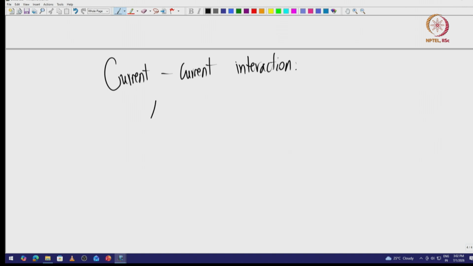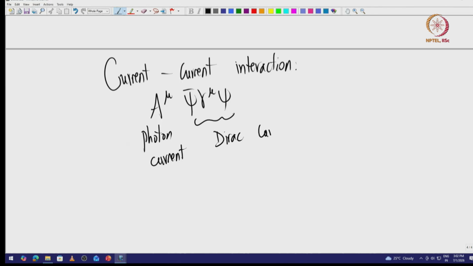So, this will be A mu, the photon field, interacting with the Dirac current. So, this is the interaction I want to put in my Lagrangian essentially. I also need to give some coupling constant to this, let me give it some coupling constant.